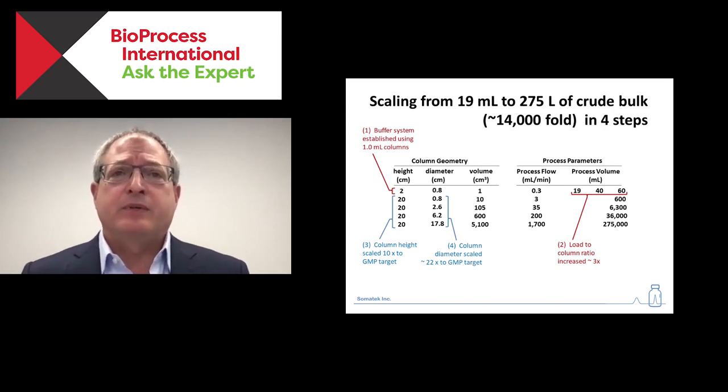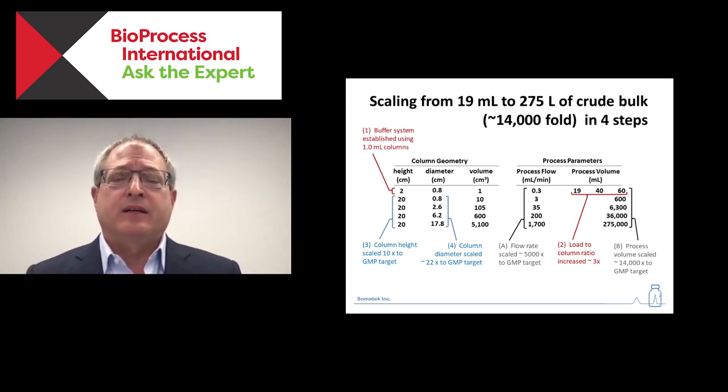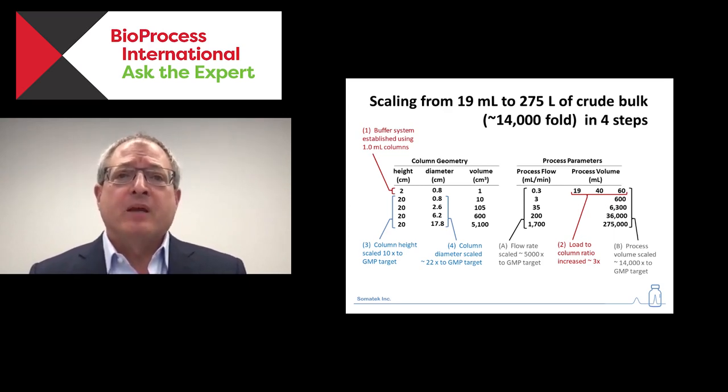At the same time, upstream folks are scaling up their process, so we're getting more and more feed stream to work with. And in the end, we've increased our column diameter 22x, and this has resulted effectively in a 5,000-fold increase in column volume. If we take into account the 3-fold increase that we did in a small column, we've now increased our scale 14,000-fold.